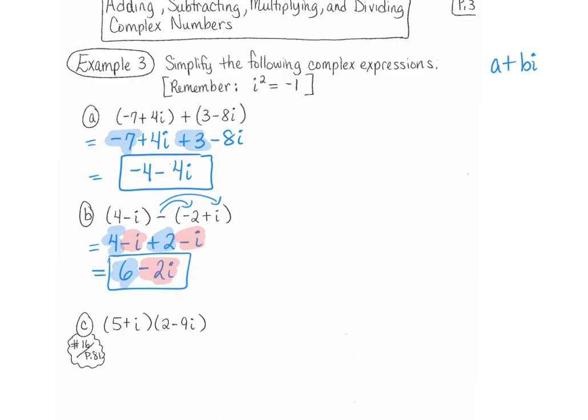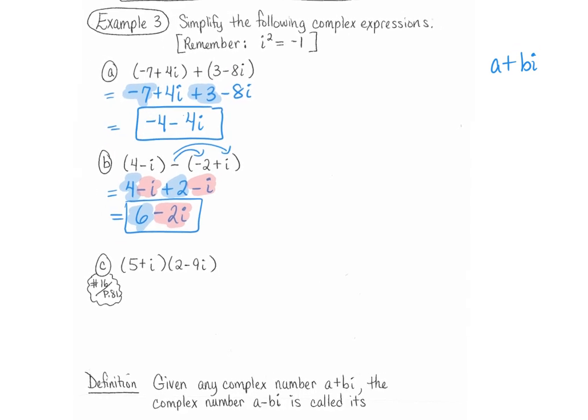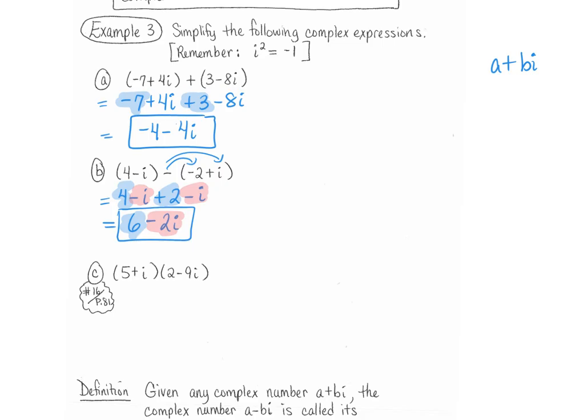Now in part C, you can do what? Multiply. Using what method here? I heard distribute. FOIL method, yes, because you have a binomial times a binomial. So we're going to use the FOIL method. Remind me what FOIL means? Good. So, do you need me to write out before we simplify? Yes?